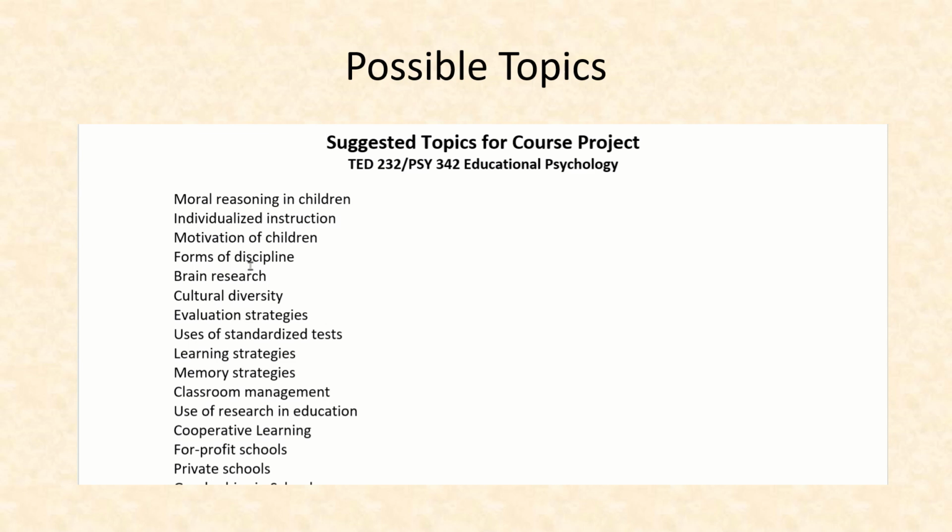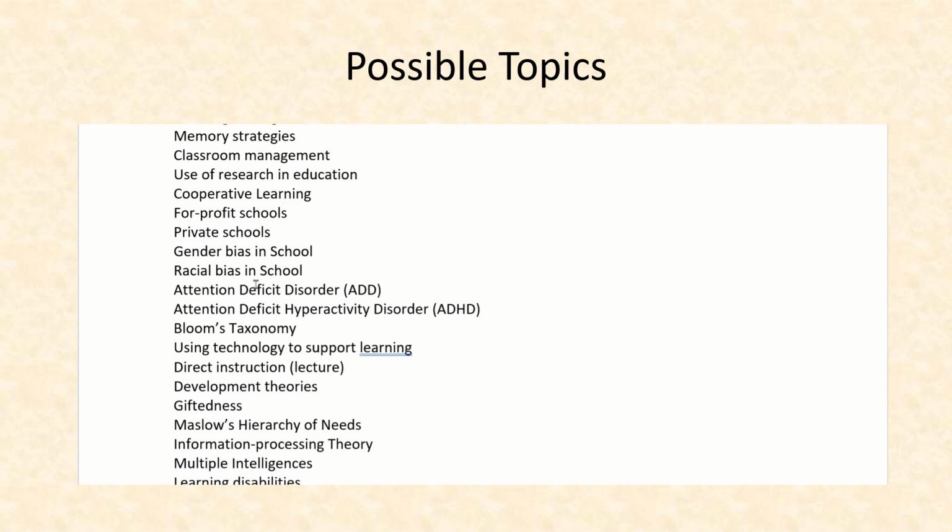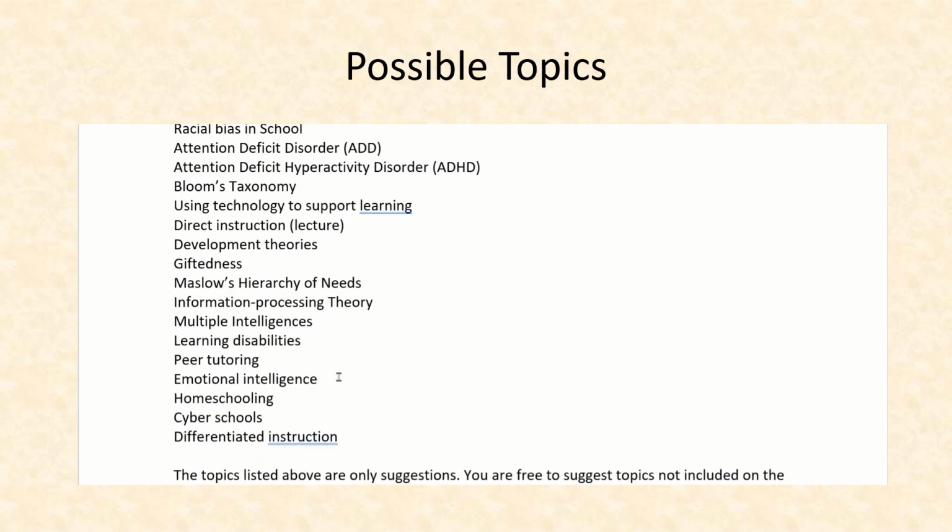We talked about Kohlberg, brain research, testing, learning, memory, various biases that we find in schools, different diagnoses that we can find with our students, different tools that we can use, such as Bloom's revised taxonomy, how to develop instruction, giftedness, emotional intelligence, different types of schooling settings.